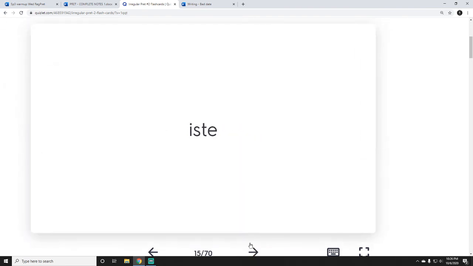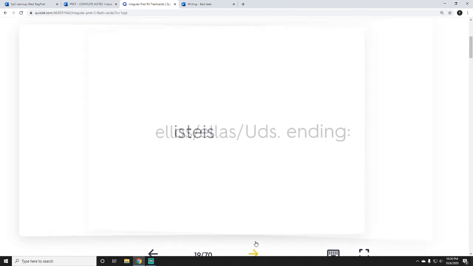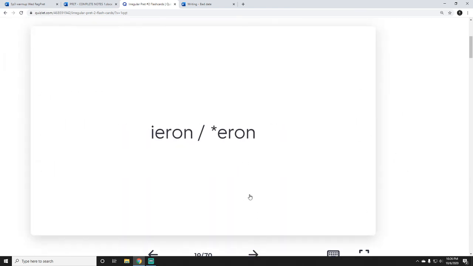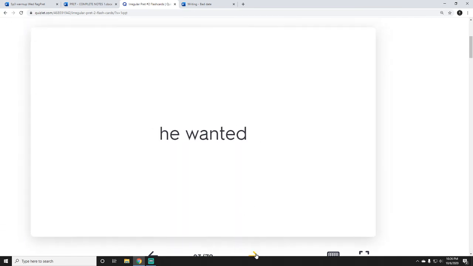Tuve, tuviste, tuvo, tuvimos, tuvisteis, tuvieron, or eron if it's a J-stem, of course. And then it's got some really good practice. We had, tuvimos. They had, tuvieron. I had, tuve. And then it moves on to these, okay? So those are really, really good to practice with.